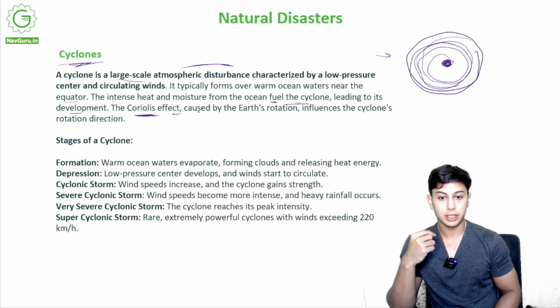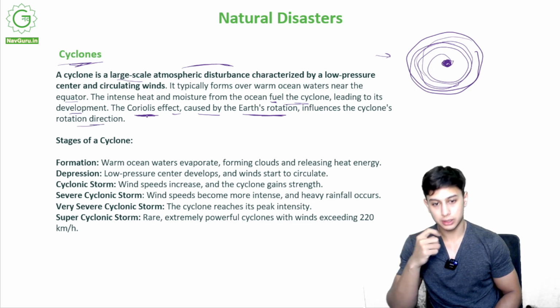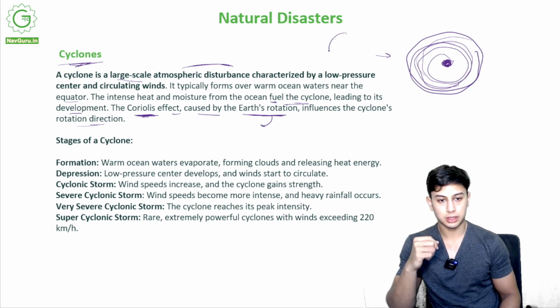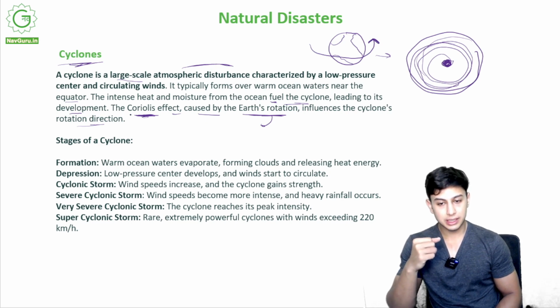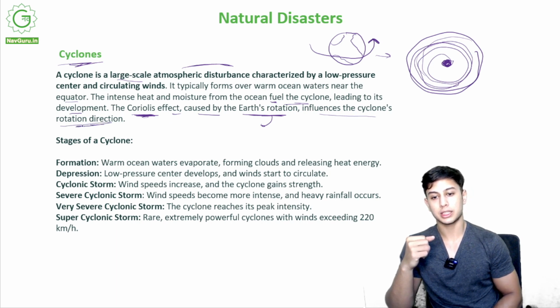The Coriolis effect caused by the Earth's rotation influences the cyclone's rotation direction. So the Earth looks like this and it is rotating, right? If the Earth is like this, it is rotating this way. Now, it causes an effect called the Coriolis effect that influences the cyclone's rotation direction.